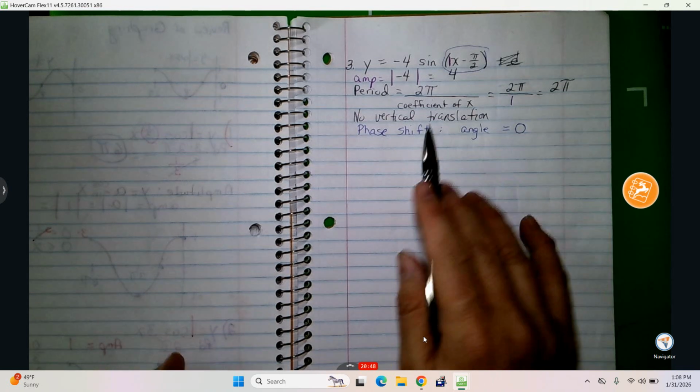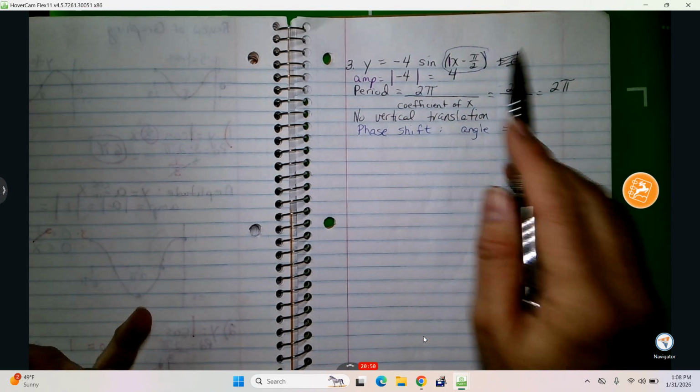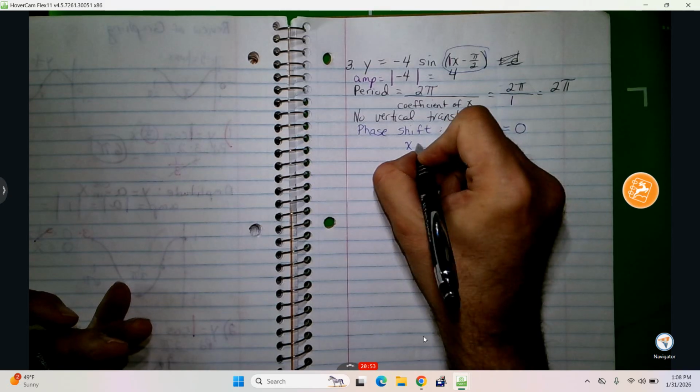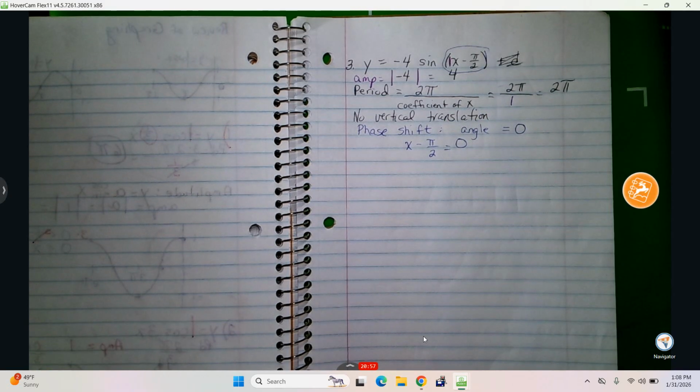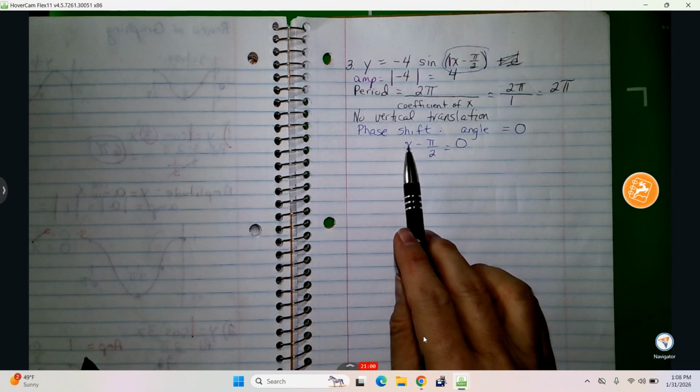So to calculate the phase shift, I'm going to set x minus pi over 2 equal to 0. And that's not too difficult to isolate the x.